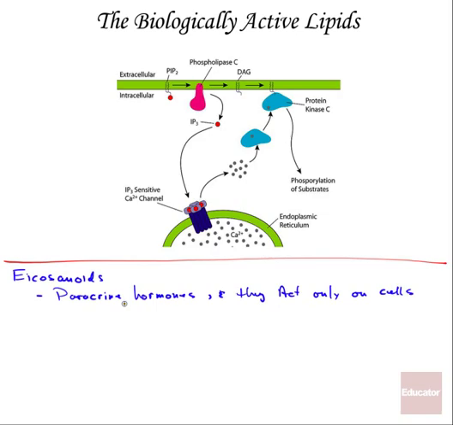Paracrine means they act very near the place where they're actually made. They're not pumped into the blood and sent to different parts of the body like other hormones. So this is a paracrine hormone. It acts very, very locally. They act only on cells near the region of hormone synthesis.